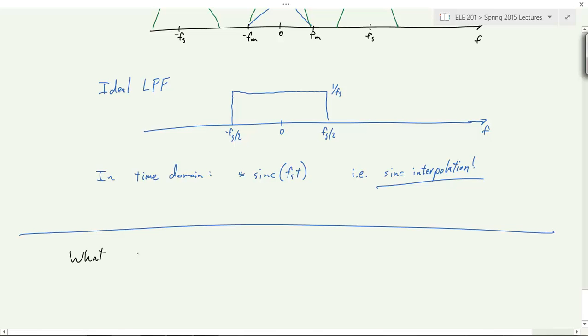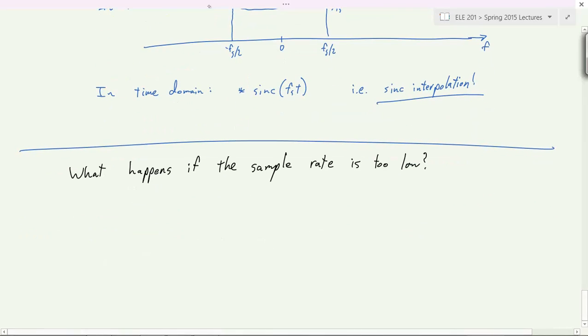So let's say what happens if you don't obey the theorem. If the sample rate is too low, and let's say we have a spectrum as an example that has a more interesting shape, sort of like this and like this.